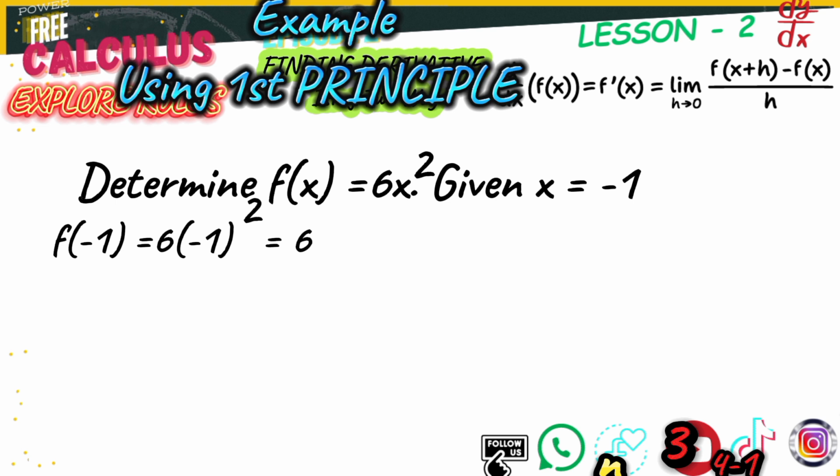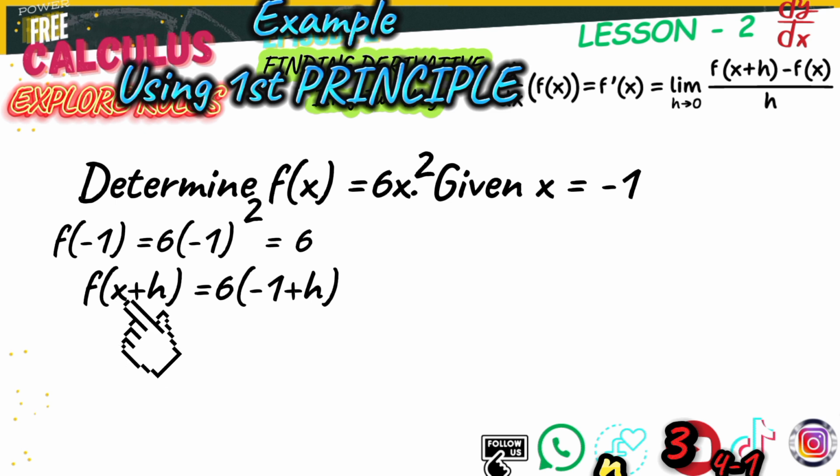Now we have the value of f at x. We can now calculate the value of f at x plus h. So where we see x, we put x plus h, and we are told that we are calculating our gradient at x equal to -1.